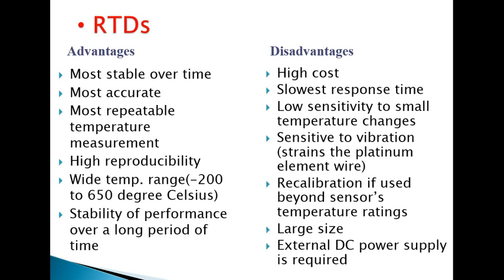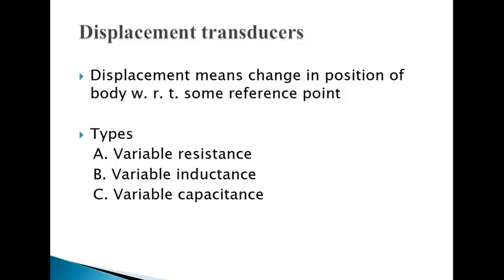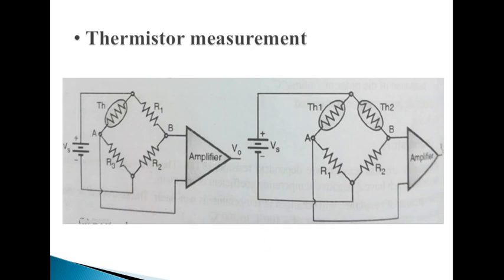I think you got the basic idea about the temperature transducer. In the next lecture we will start displacement transducer. Just complete the homework that I have given you: the voltage VBA in the first diagram and the voltage VBA in the second diagram, that we will discuss in the next lecture. So this is homework for you.